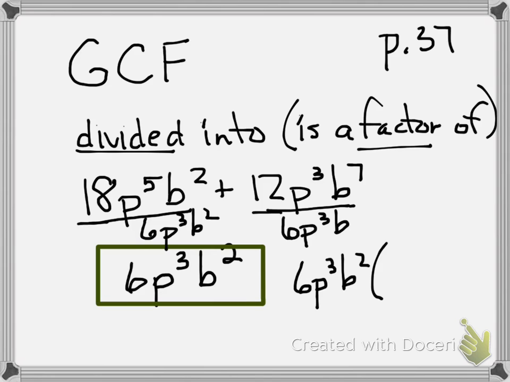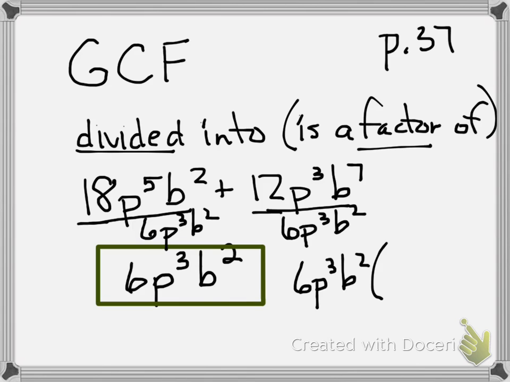I think of it like reverse distributive property. We are trying to find the biggest thing that we can divide by without making any fractions. In my mind, I think of it as what I would have to multiply by to get back to the original, but it really is division.